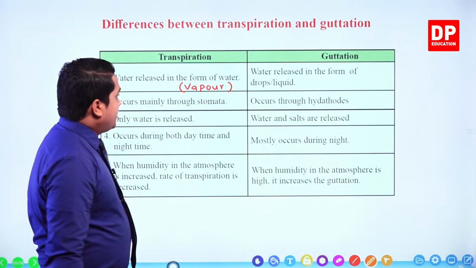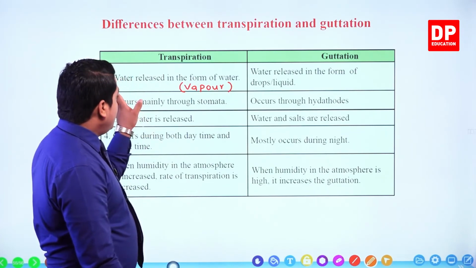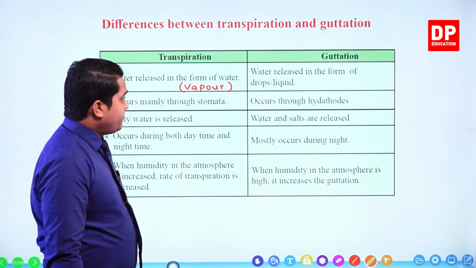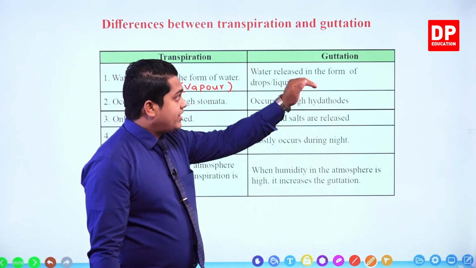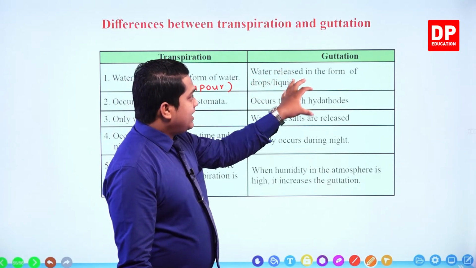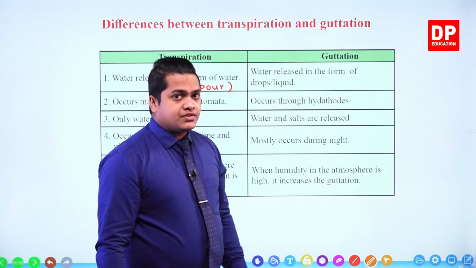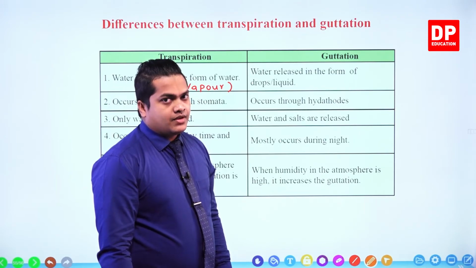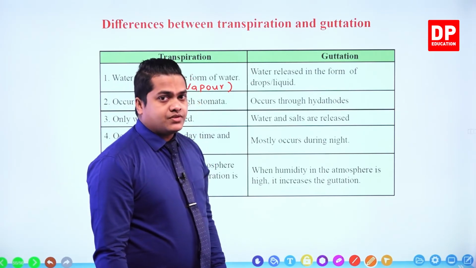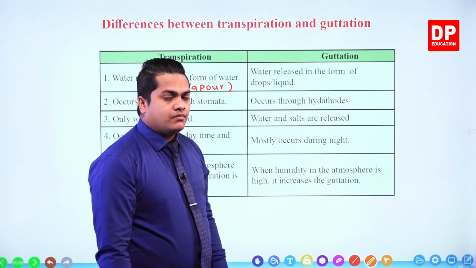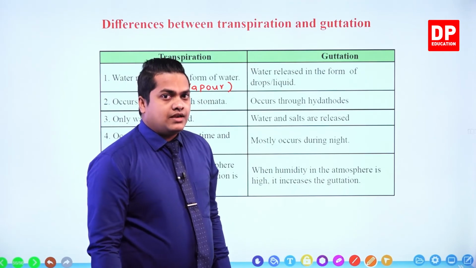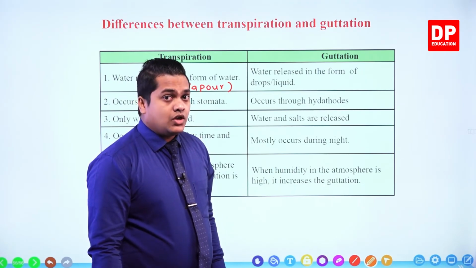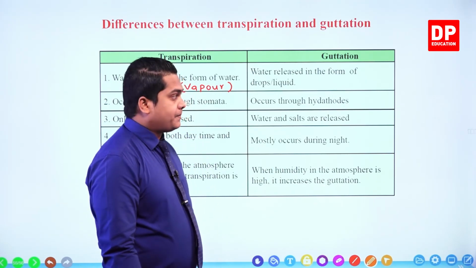So, during the transpiration process, remember, water is released in the form of water vapor, not in the form of droplets. However, in guttation, water is released in the form of drops or liquid. Here as water vapor, over there as water drops or liquid form.